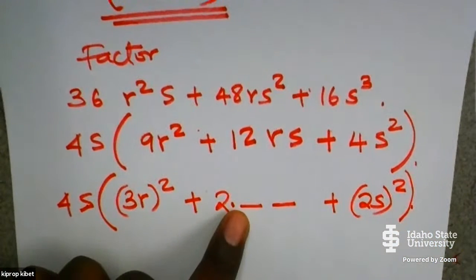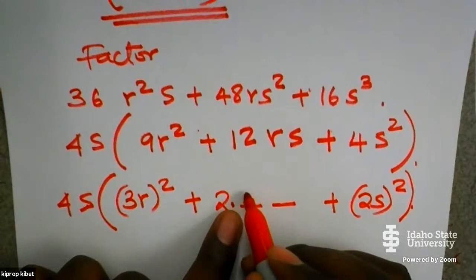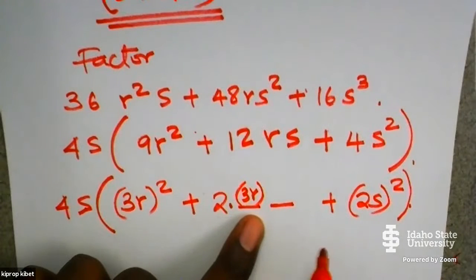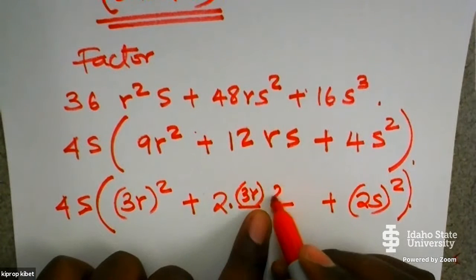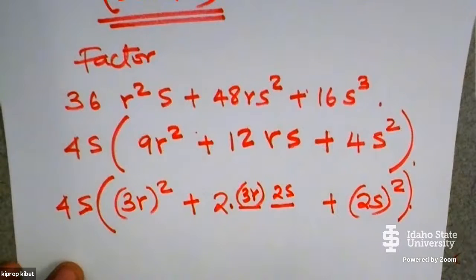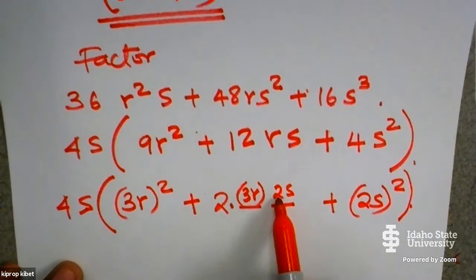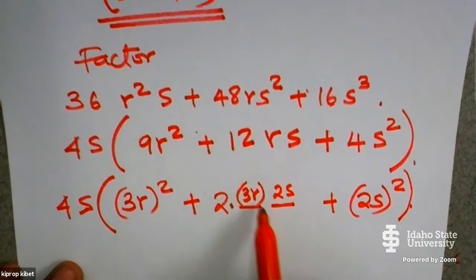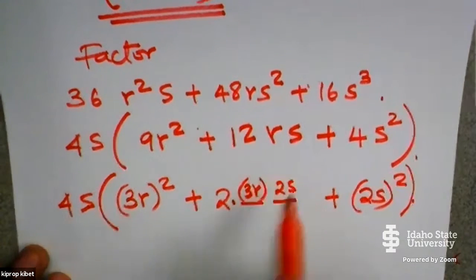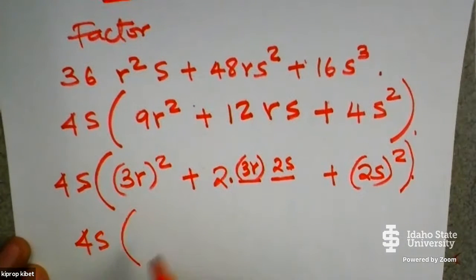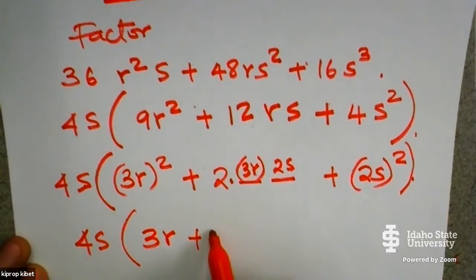So what is our a here? 3r, right? And then our b is what? 2s. So if we multiply 2 by 3 is 6, by 2 is 12rs. Okay. So finally, 4s, and what are our factors? 3r plus 2s, squared.